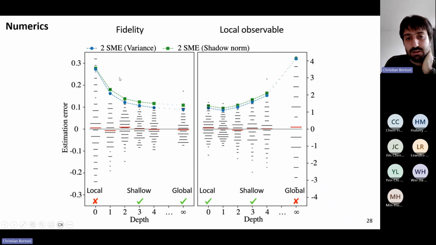But as we go towards some short depth, which is non-zero but still pretty short, we manage to reproduce pretty much the same efficiency as the global shadows, while keeping the local observables far more accurate than the global shadows. Here we can also see this intermediate ensemble proposal that we have.